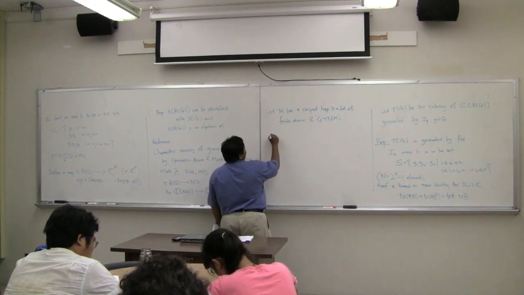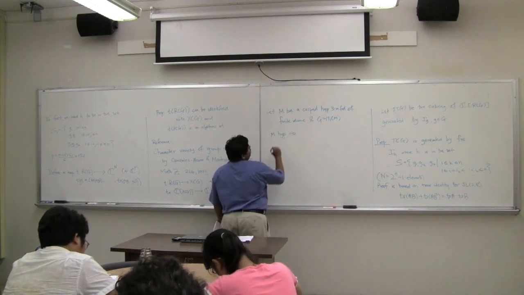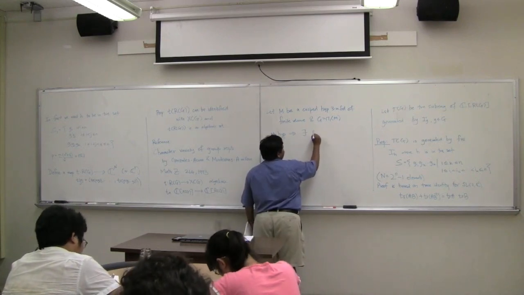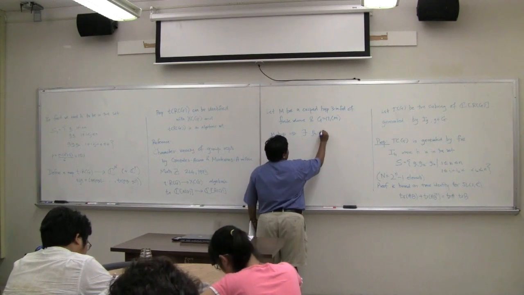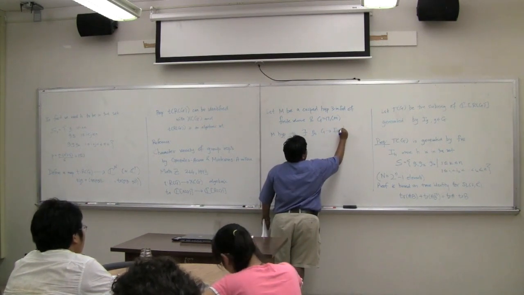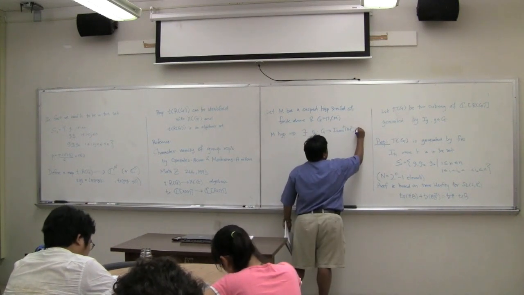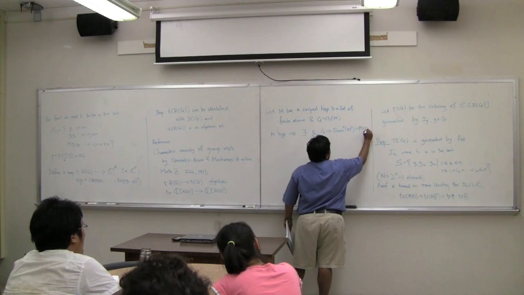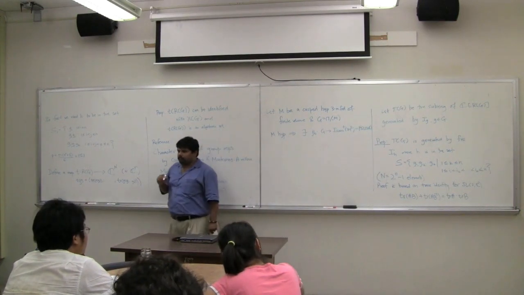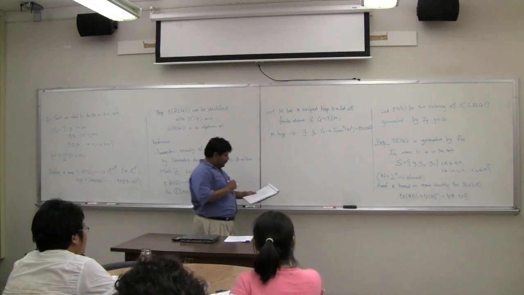Now, since M is hyperbolic, this hyperbolic structure is given by a discrete faithful representation from G to the isometry group of H3, which is PSL2C, the group of Mobius transforms.